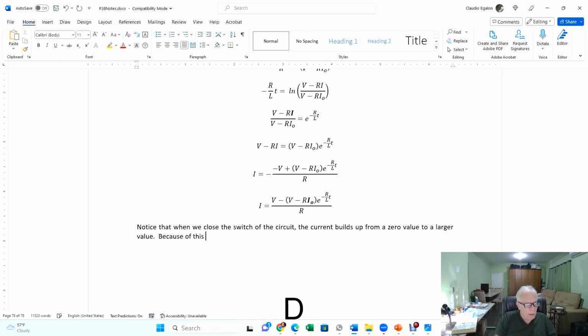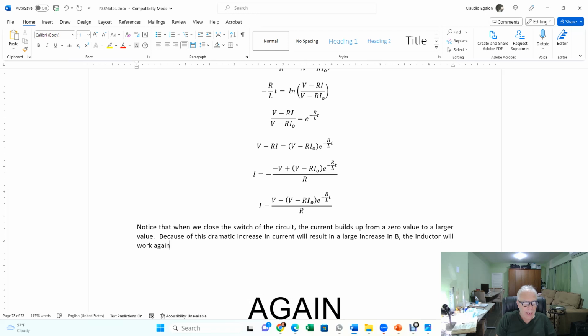Because of this dramatic increase in current, which will result in a large increase in B, the inductor will work against this increase.